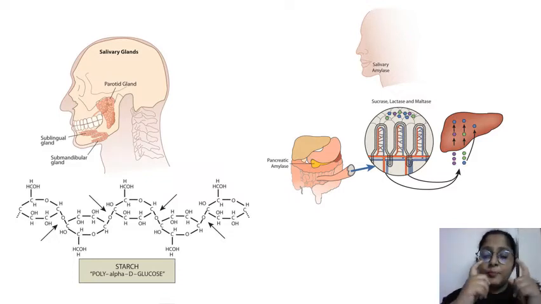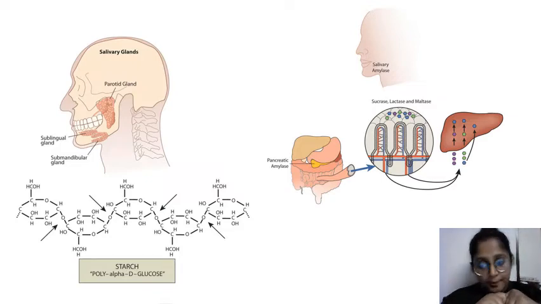Now, when it passes the food down, it moves to the stomach. But amylase cannot act in the stomach because of its high acidic medium. As the stomach has the HCl, any kind of digestion process does not take place in the stomach, and the action of the salivary amylase enzyme to be specific is not more in the stomach because of the same high acidic medium.